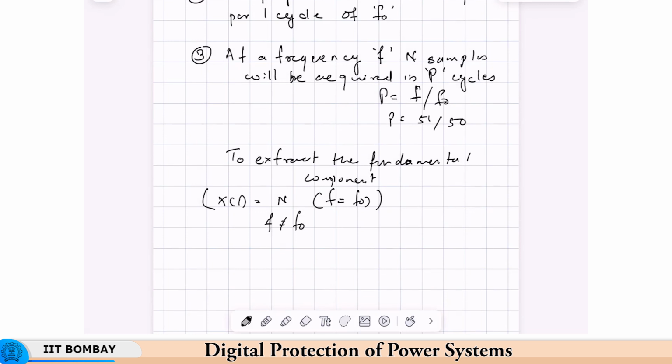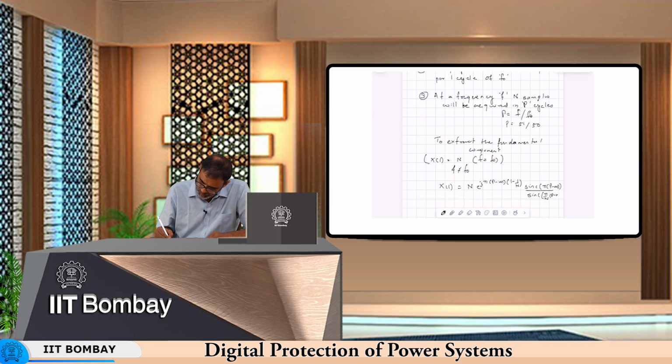So we have X of 1 equal to N e raised to j pi (p minus m)(1 minus 1 by N) times sinc of pi (p minus m) upon sinc of pi by N (p minus m).